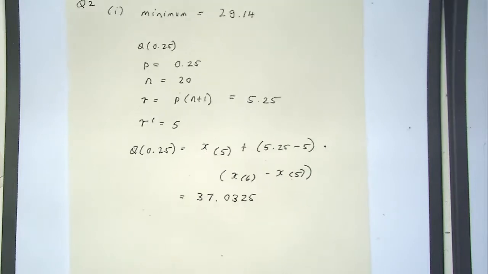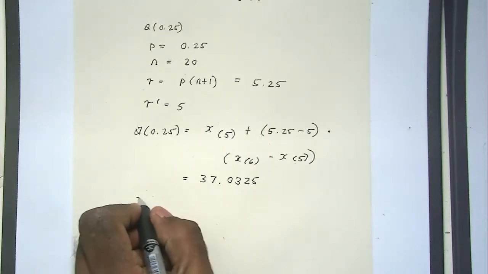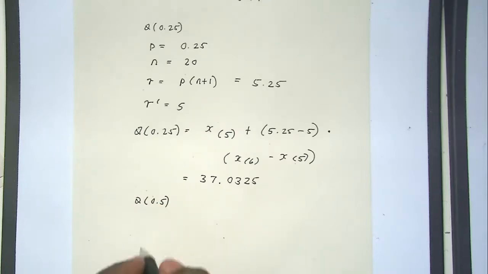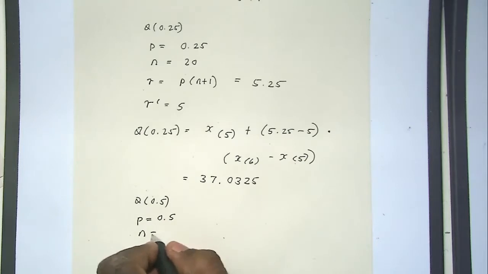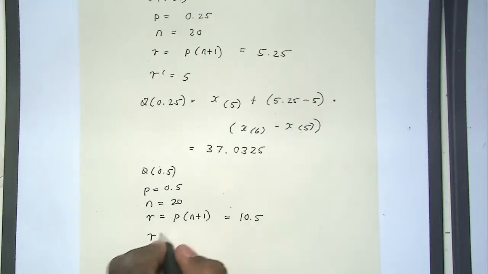Then the next one is the median, which is Q at 0.5. Your P is 0.5, your N is 20, and your R is P times N plus 1, which is 21 divided by 2, which is 10.5. So your R prime is 10.